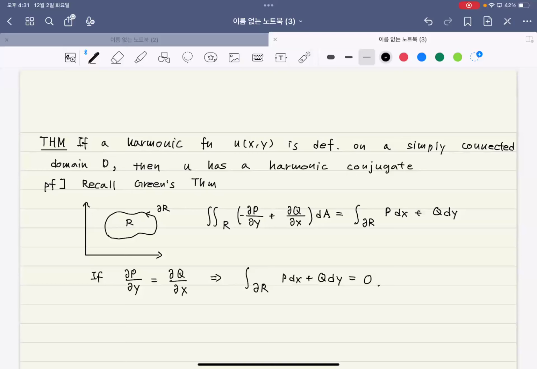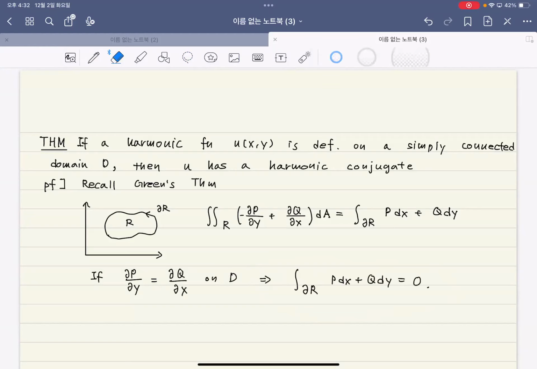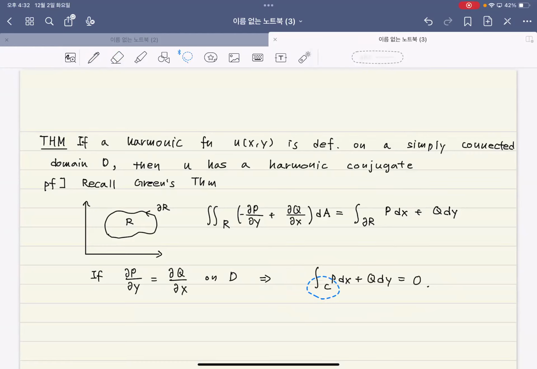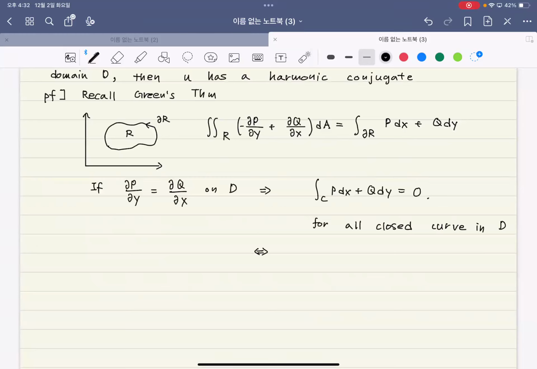Then this integral must be 0 for all closed curves in D, and this last condition is also equivalent to saying that this integral depends only on the endpoints of C. This last condition is sometimes called path independence.